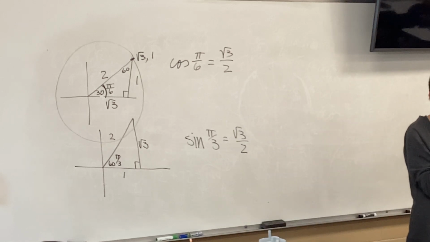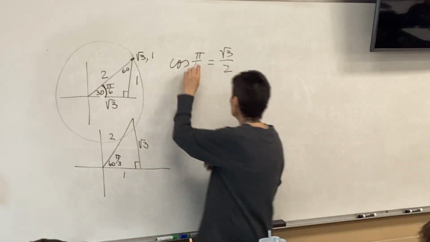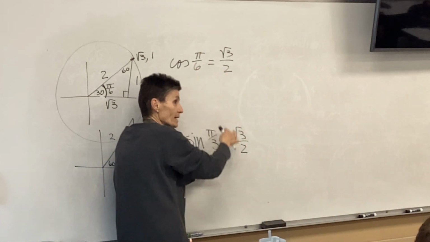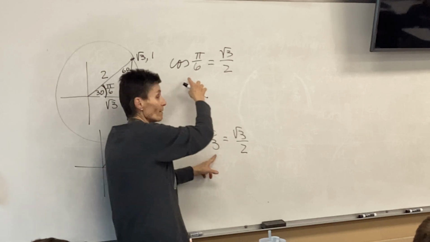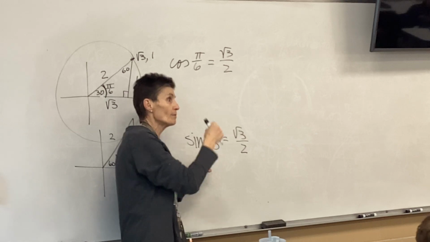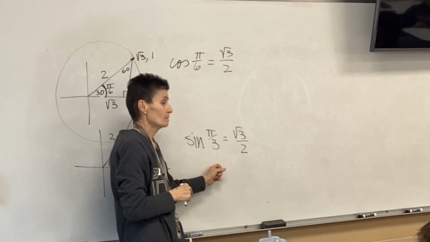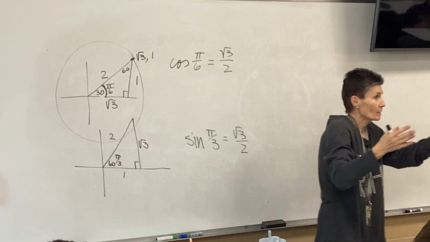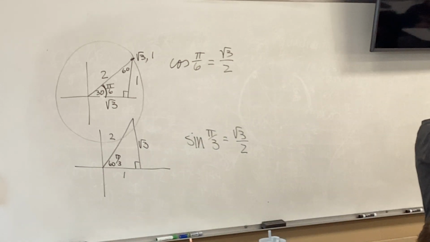What does that mean? Add up to 90. 30 and 60 add up to 90. So whatever the cosine of 30 is going to match the sine of the complement. So the sine of 40 will be the same as the cosine of 50.